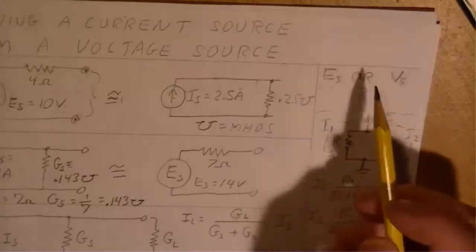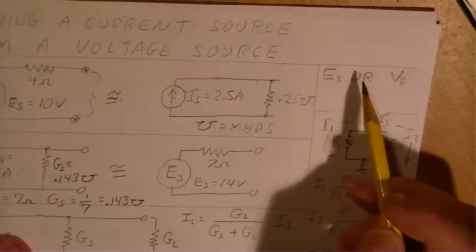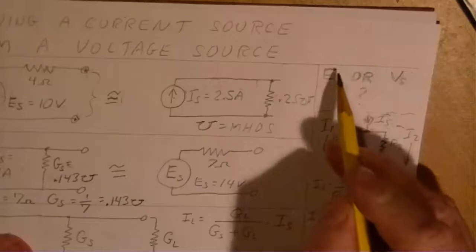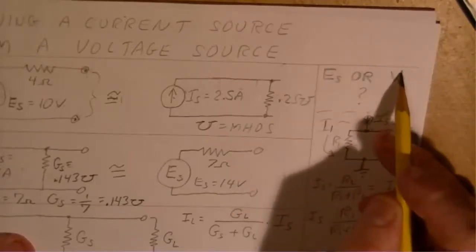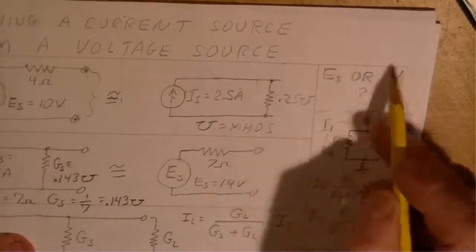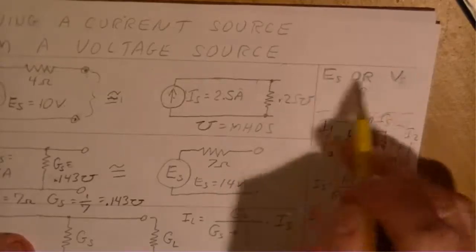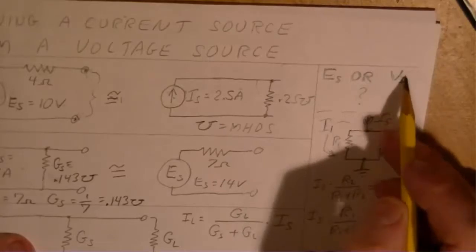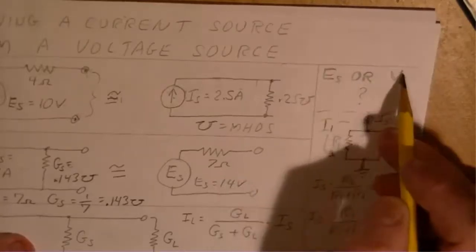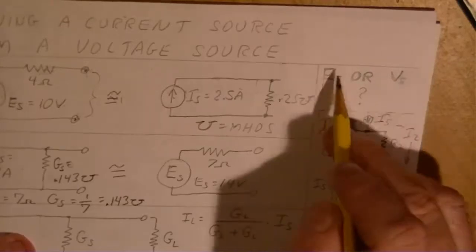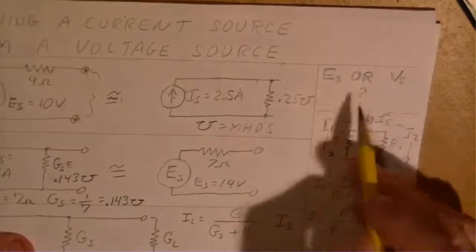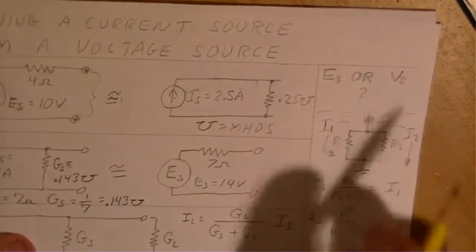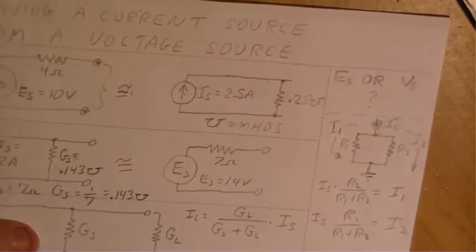They don't stipulate, so you can use the general term E. V is more specific and relates to DC, whereas E is general and can relate to either DC or AC. You see that from time to time in various books.